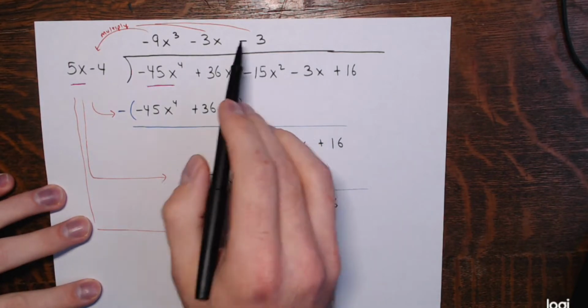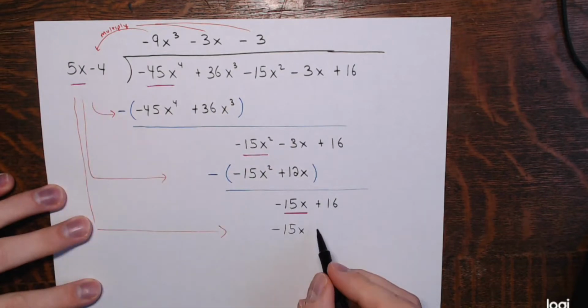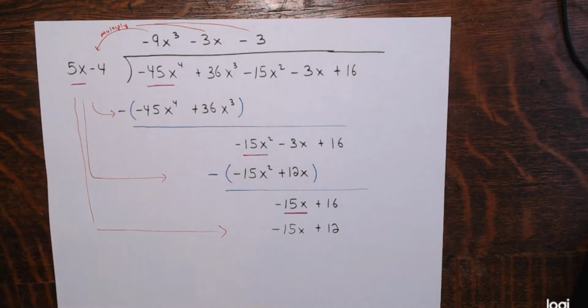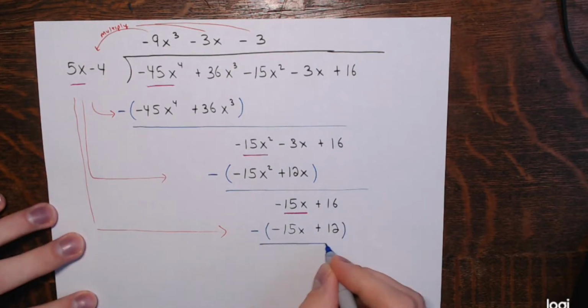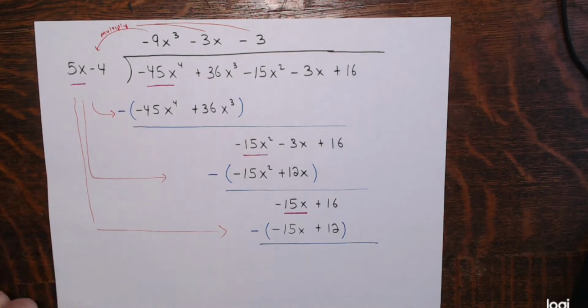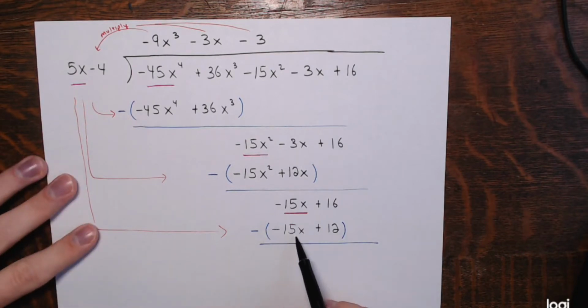And then negative 3 times negative 4 is positive 12. And then we subtract all that from the line above it, and we get the following. Right. First term's gone, and then 16 minus 12 is positive 4.